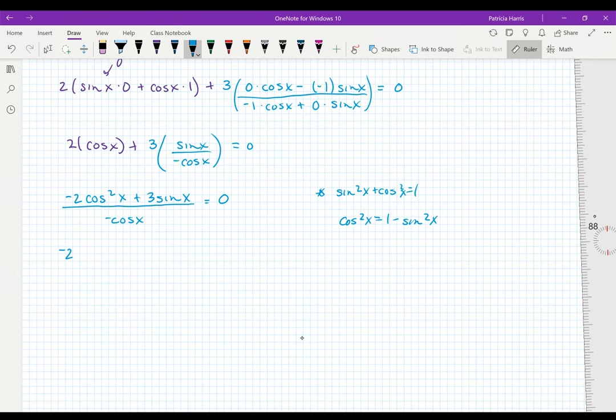So let's do a little bit of a replacement. Check that out. -2. Again, I'm just solving the equations. I'm not doing anything really weird.